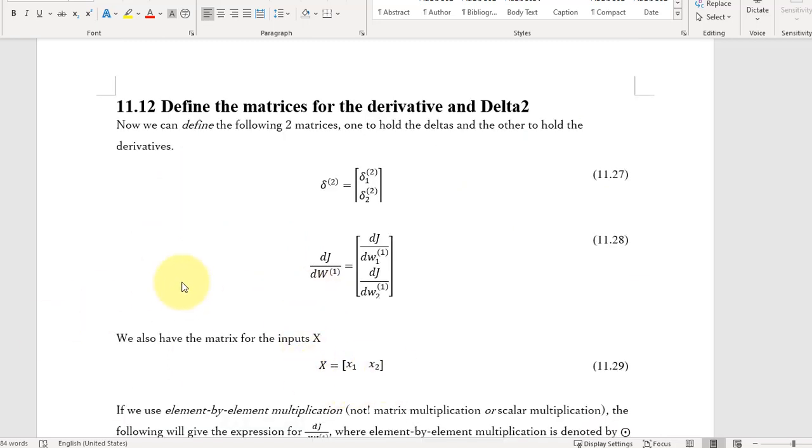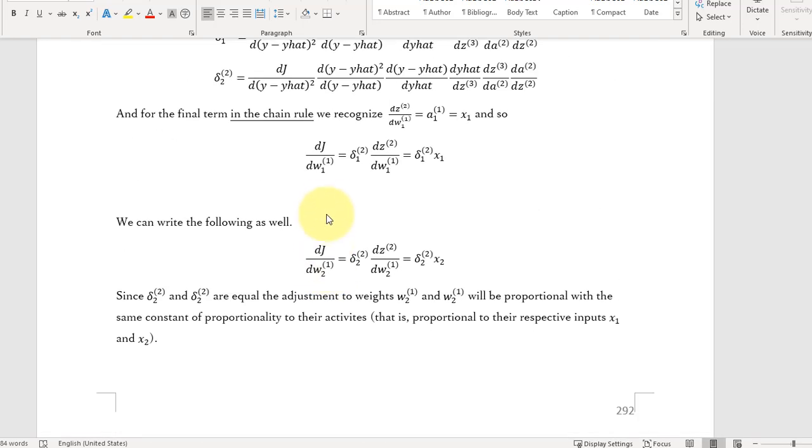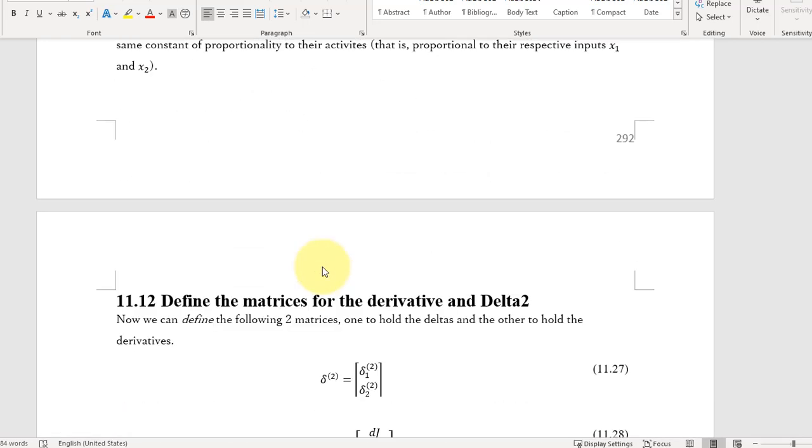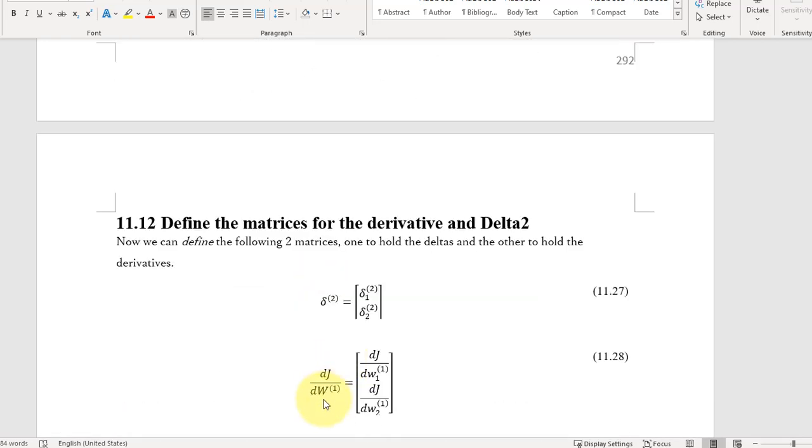And now we just want to express these two equations here and here, but maybe we want to do it in matrix form. We already said that we can put these together into a matrix, and we'll give it the name, derivative of J with respect to the matrix W. Again, that sounds very strange, but we're just using it to denote this matrix, which has these two elements in it.